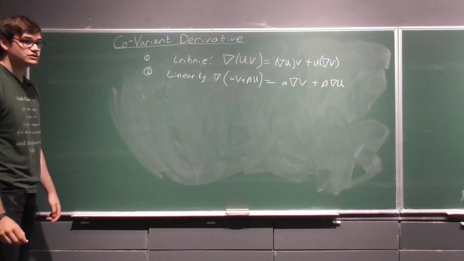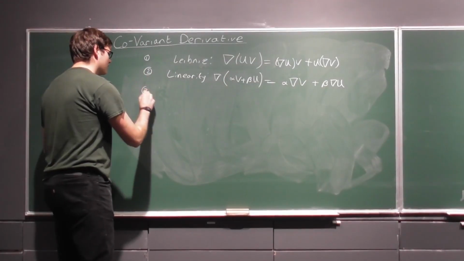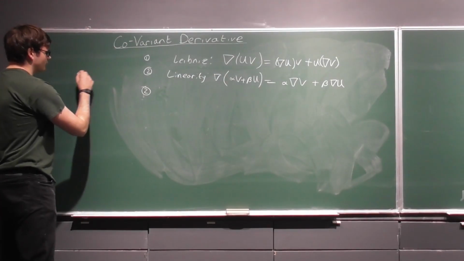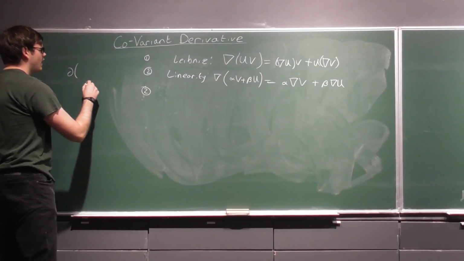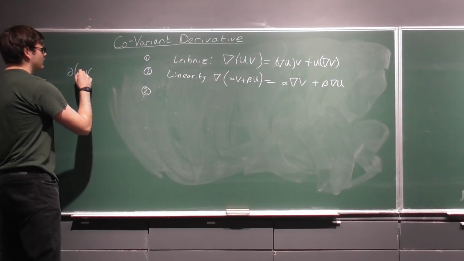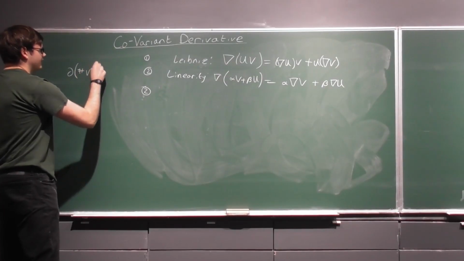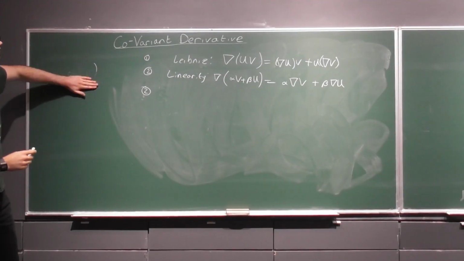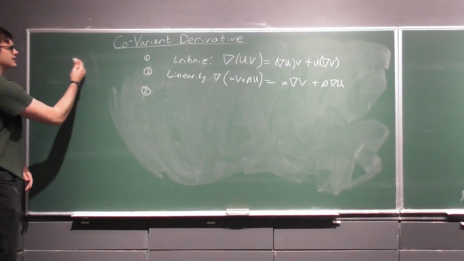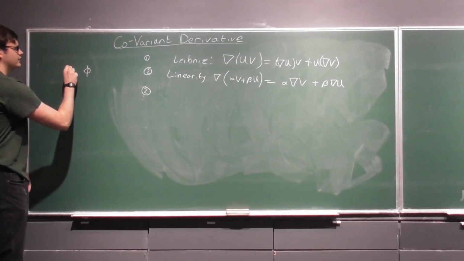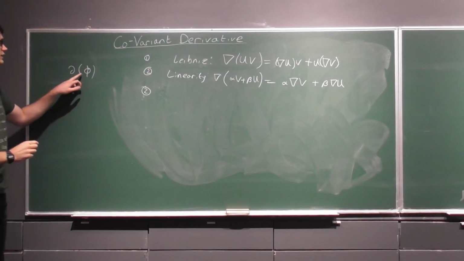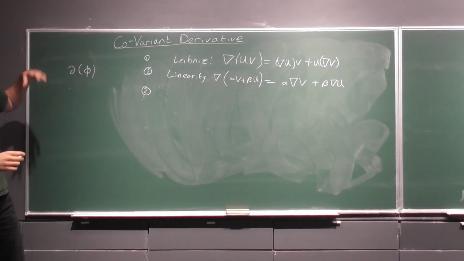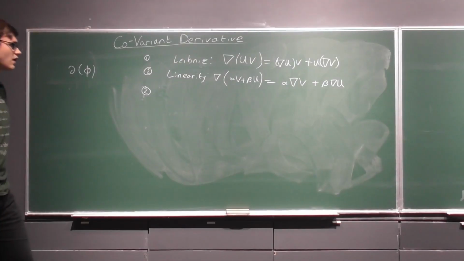We're going to need two more things if we want it to be covariant. Remember, we saw so far that we took the partial derivative of our vector, but when that transformed, we got this extra bit, which made it not a tensor. Now, if we have a scalar, phi, and we take the derivative of that, if it's a scalar, by definition, when it transforms, you don't get anything at the front.